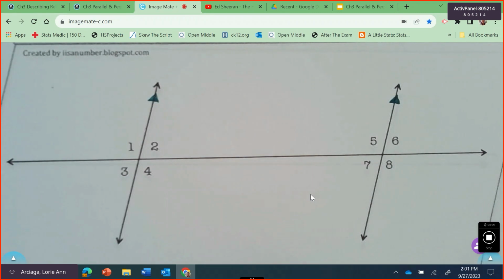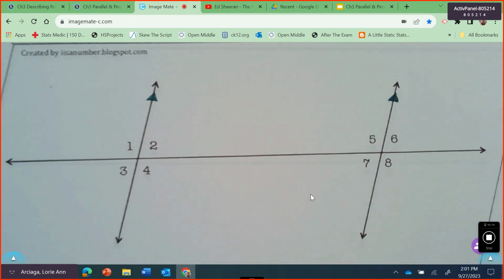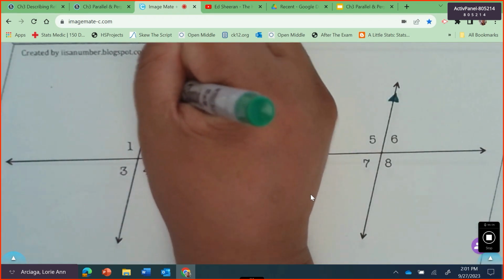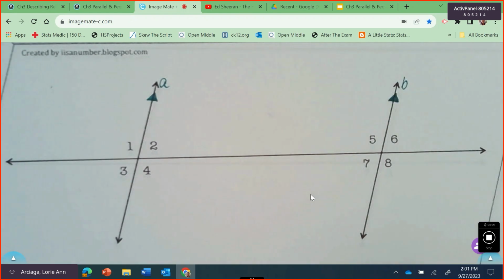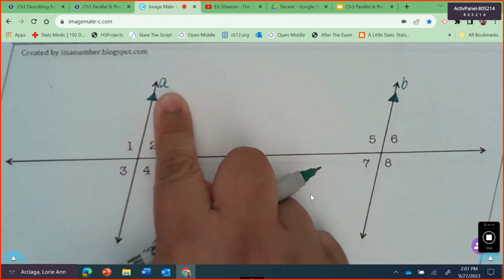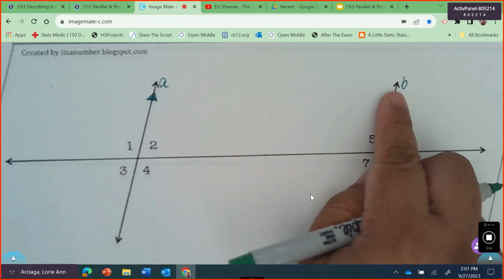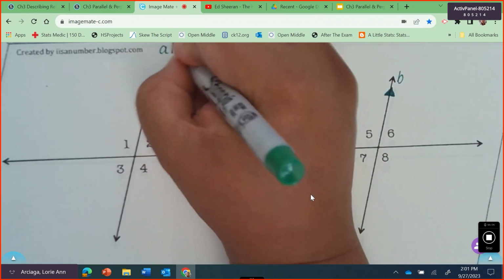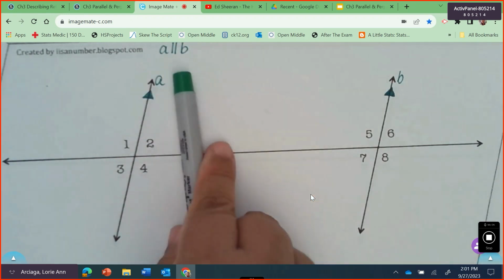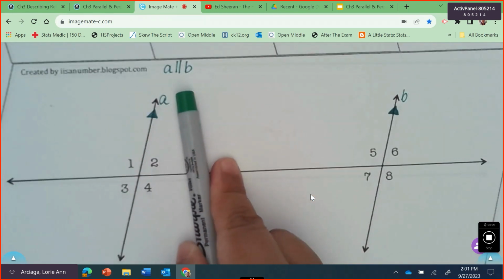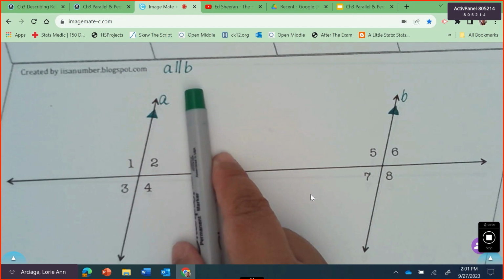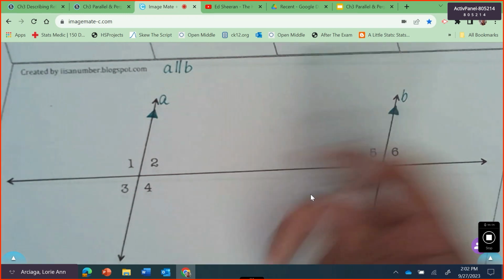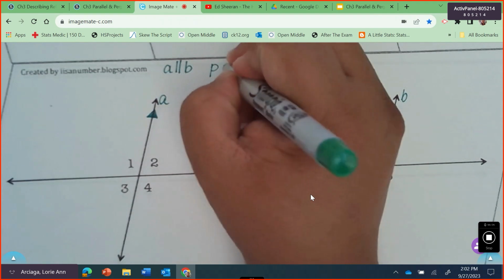When you draw the triangle and shade them, you're telling the reader that those 2 are parallel to each other. So we're saying A is parallel to B. A, double bar, B. What does that mean again? Parallel.